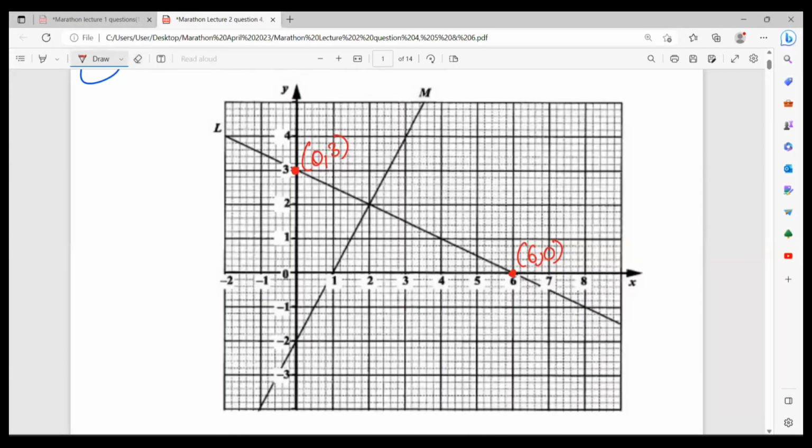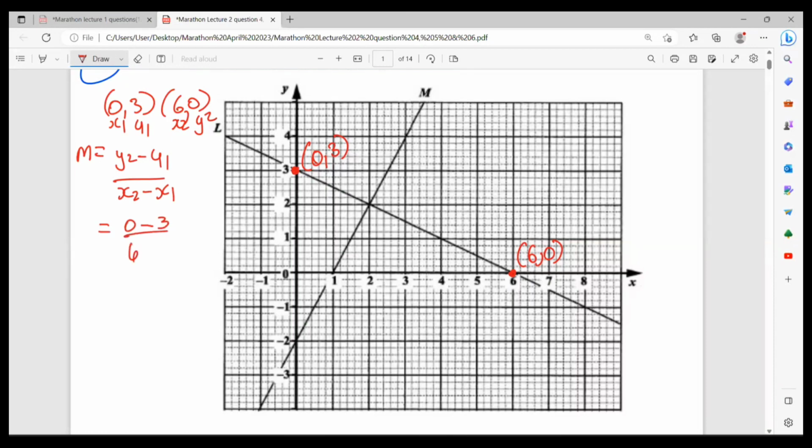So let's take off this. So for L, here are the points. We can label them x1, y1, x2, y2. The gradient is y2 minus y1 over x2 minus x1. y2 is 0 minus y1, 3, over x2 is 6 minus x1, 0.